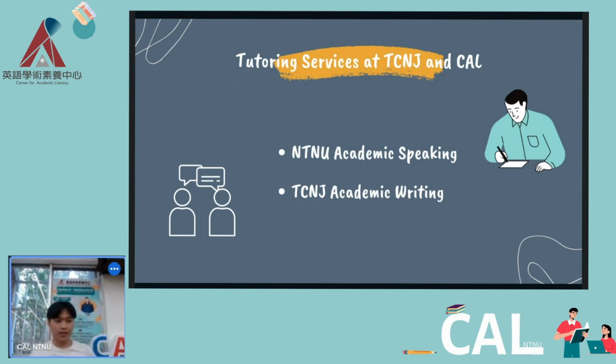And the second one is the academic writing in TCNJ. I attended one of the academic writing sessions in the tutor center in TCNJ. Because of the reason I mentioned, that I wanted to better polish my essay, but also because the professor said we could upload a revised version after attending one of the writing sessions, whether with a tutor from the tutor session, or we could also do one meeting with the professor during her office hours.